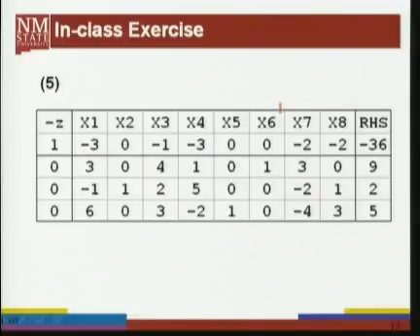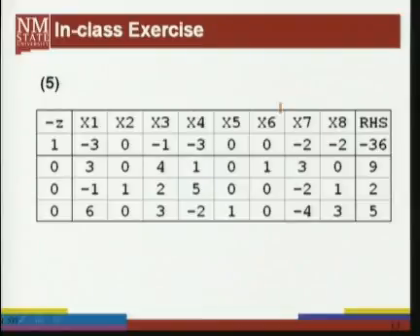If the relative profit is 0 for one of the non-basic variables. So let me say again, if the relative profit of any non-basic variable is 0, then we may say that we have an alternate optimum. Okay?